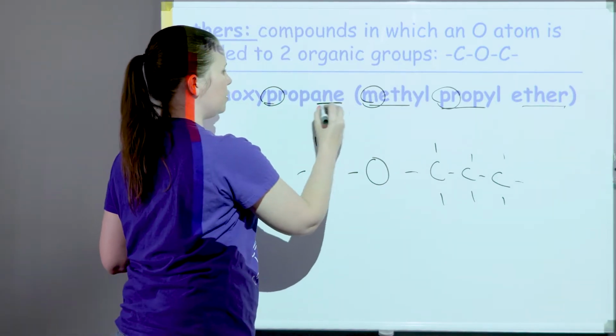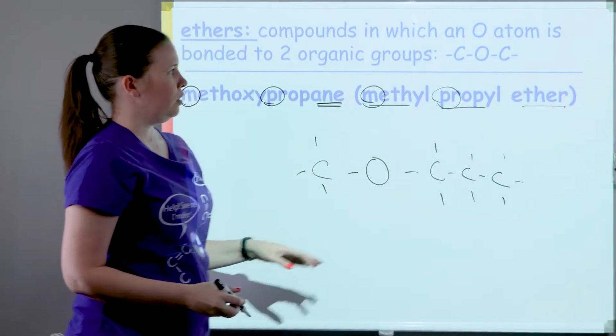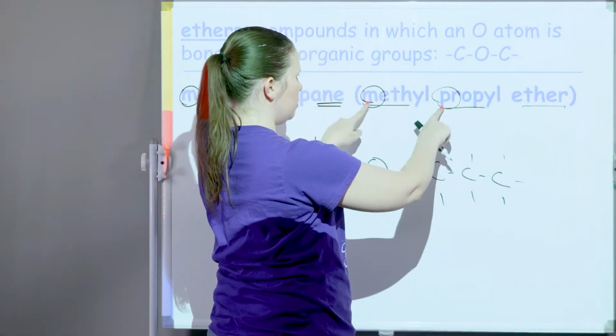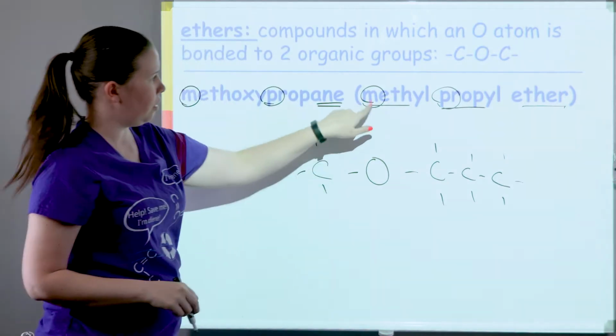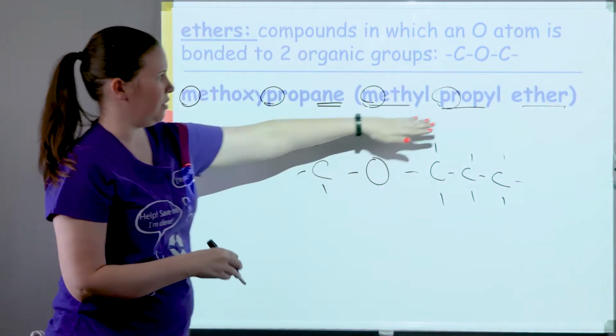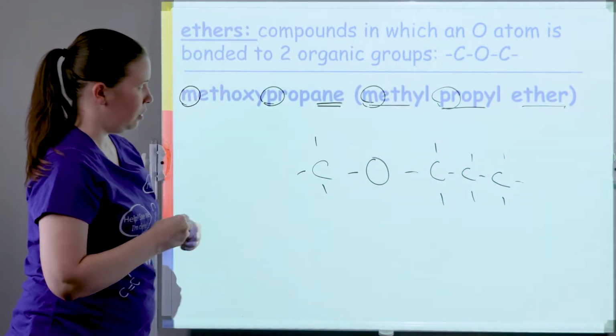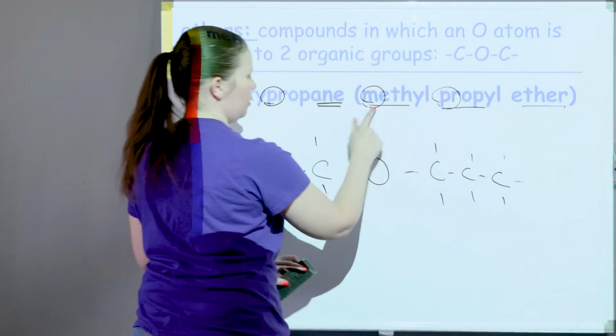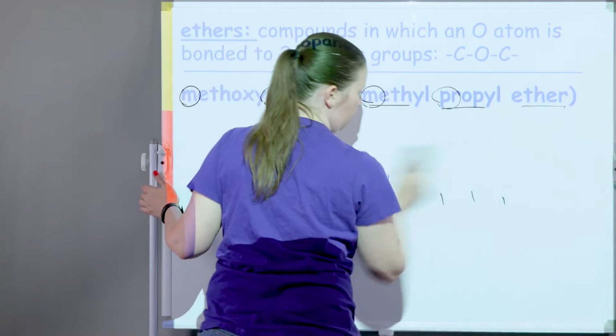So this is always the ending of the name. With the ether, you're going to label them both like branches and then just put them in order based on alphabetical order. So I think that's a little easier for me because they're both acting like branches, and then you just put them in alphabetical order. Okay.